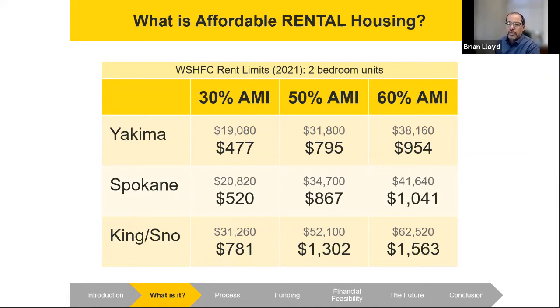So when we do affordable housing projects serving these different income levels, these rent limits apply. In order to comply with your funding guidelines, your compliance guidelines, you wouldn't be able to charge more than these rent levels for these different household sizes.